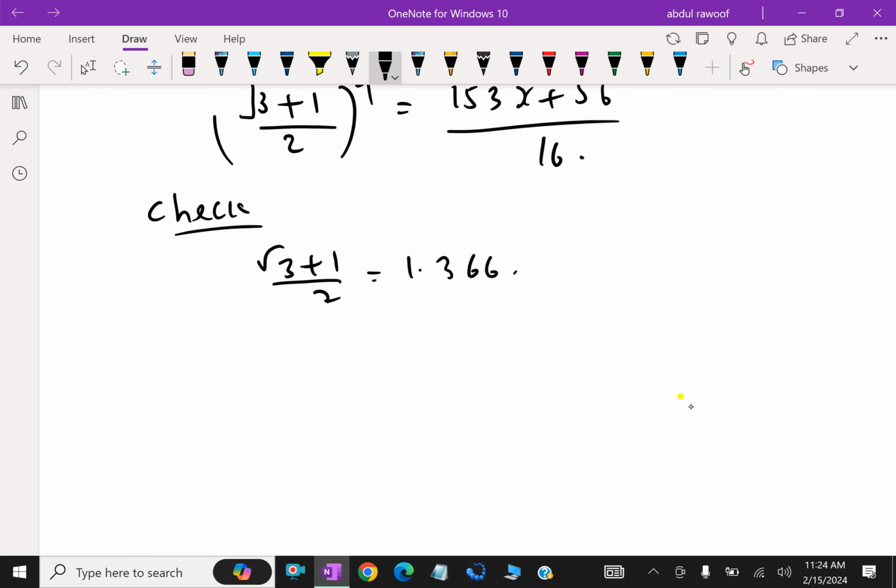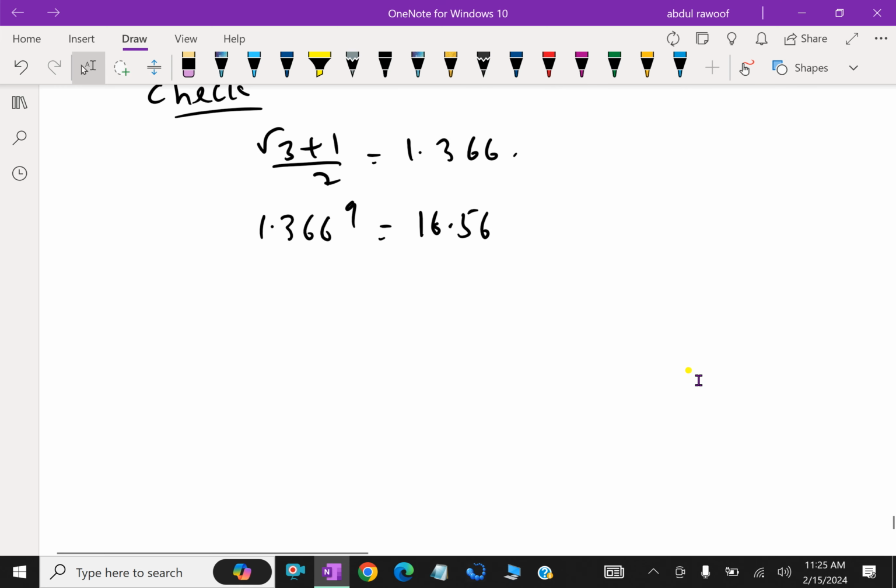That means 1.366 to the power 9, by using calculator, equals approximately 16.56.